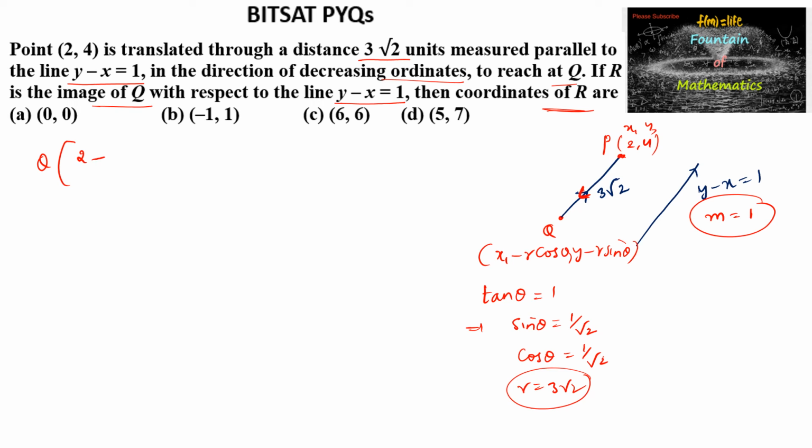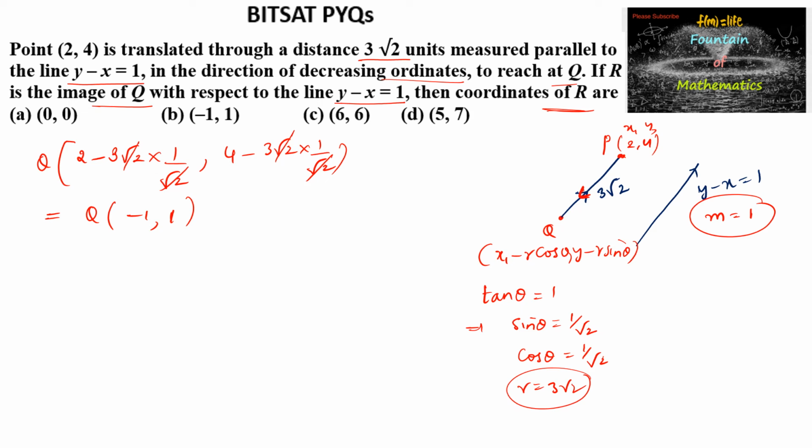So 2 minus 3 root 2 into 1 by root 2, comma 4 minus 3 root 2 into 1 by root 2. So we can say Q point as 2 minus 3, that is negative 1, since root 2 gets cancelled here, and 4 minus 3 is 1. So the point Q can be taken as minus 1 comma 1.